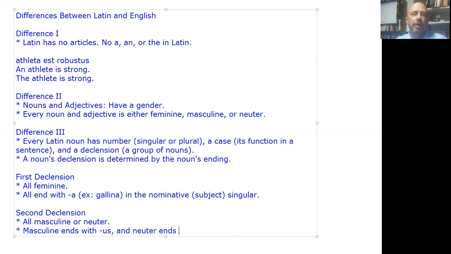And neuter ends with um, and again, this is in the nominative singular only. When we get to nominative plural, the endings change. When we start talking about the accusative case, which are nouns being used as a direct object, or in some cases the object of certain prepositions, the endings change. Okay. Anyways, that's the basics of the differences between English and Latin.